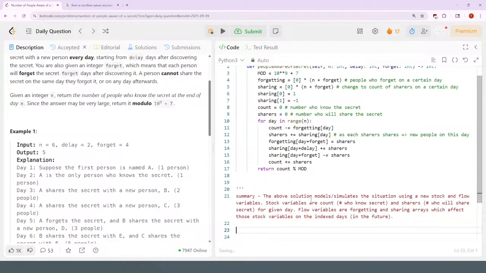So initially, stock variables are 0, no one knows the secret, no one shares the secret.